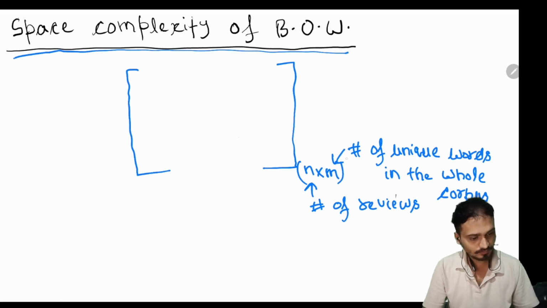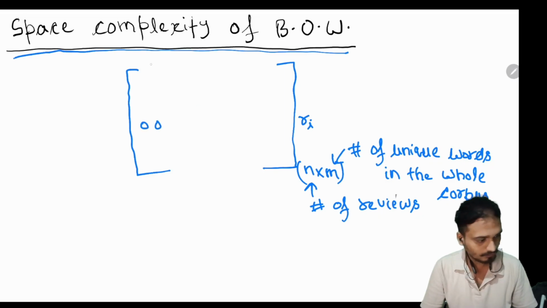and let's calculate for one row how much space complexity there will be. Let's say we have one row here, call it ri, and somewhere it will be 0 0, because maybe some words will not be available, and corresponding to that place it will be 0. Let's say this word here is not available in ri, so it will be 0. Similarly here we have come, not available, so here will be 0.